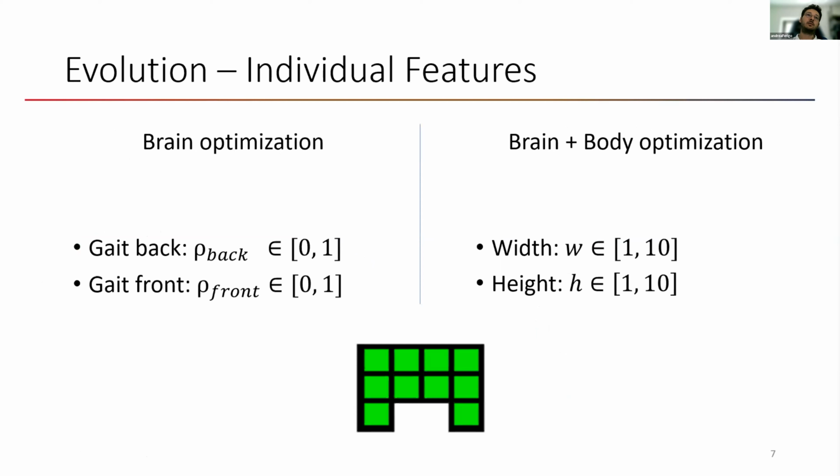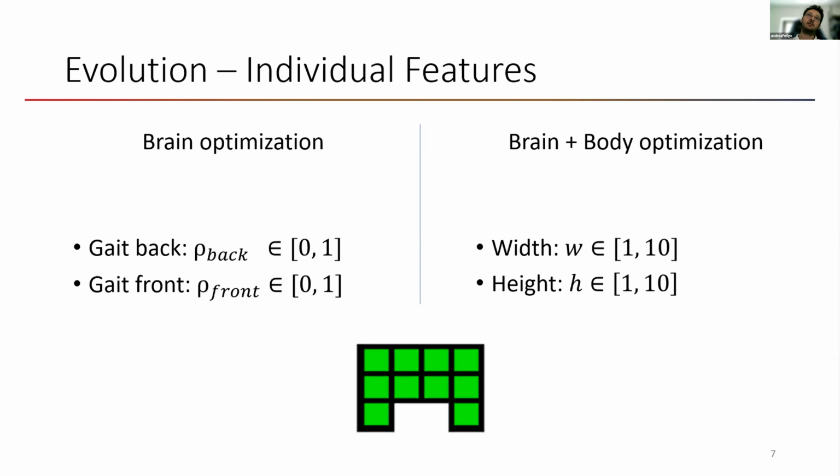As I said, we need a descriptor for the solution. We use two descriptors. One, for the brain-only optimization, is the gait, which is a measure of the frequencies at which the robot moves. In particular, a lower value indicates higher frequencies, and a higher value indicates lower frequencies.